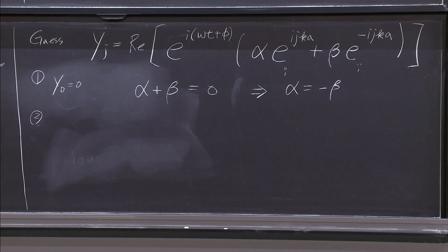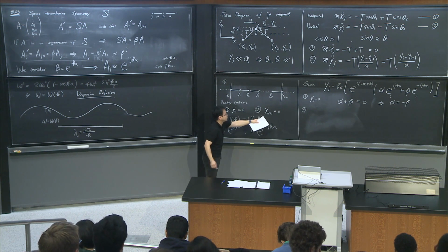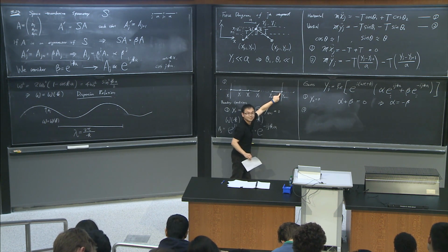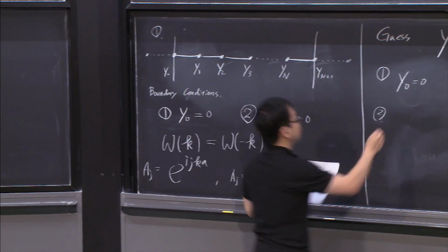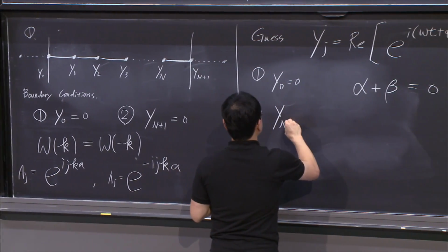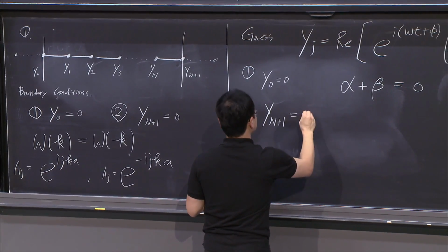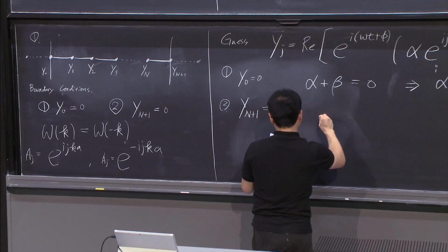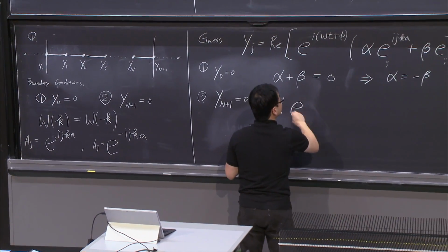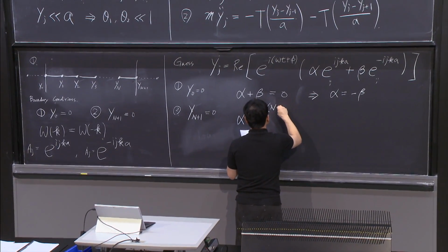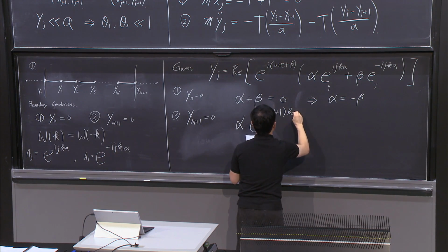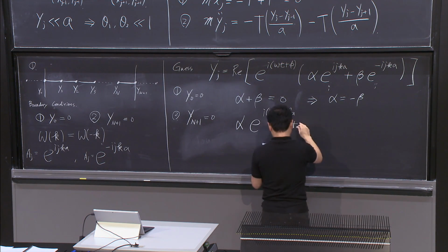And if we use the second boundary condition, y_{N+1} equals 0, because I nail this mass and fix it so that it cannot move, then basically what you get is y_{N+1} is equal to 0. Then basically you have alpha exponential i (N+1) ka plus beta exponential minus i (N+1) ka.